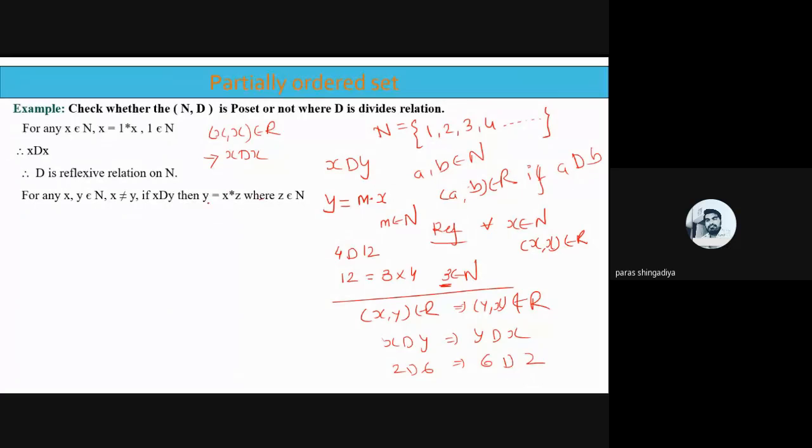But here is the proof by using the formula. If x divides y, then we can say that y is equal to x into z, and we can also consider the m into x form.